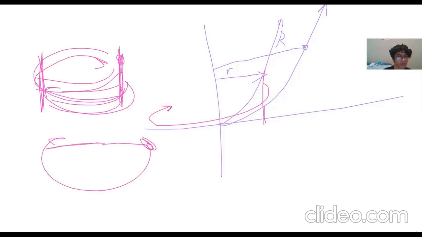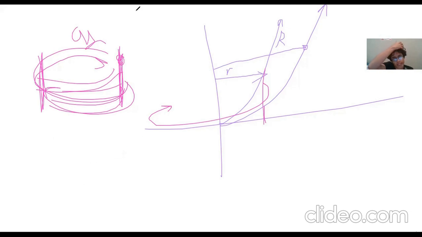So this is a circle, and this is a cylinder. That's why the shell method comes in handy, because we are now using differentials that are handy to us when we're rotating around the vertical axis.